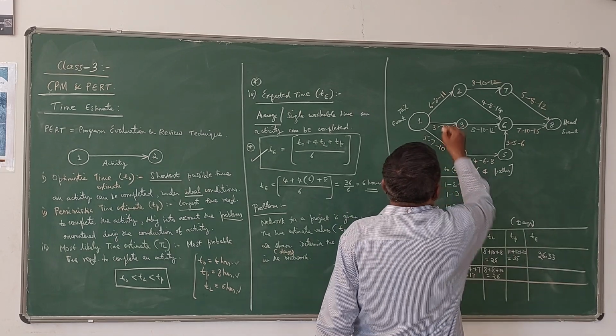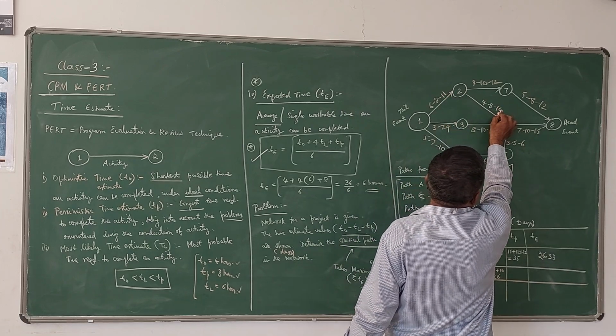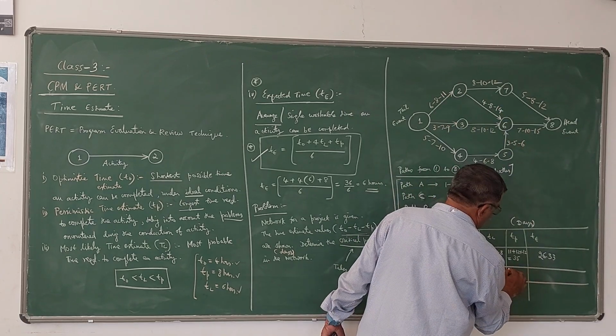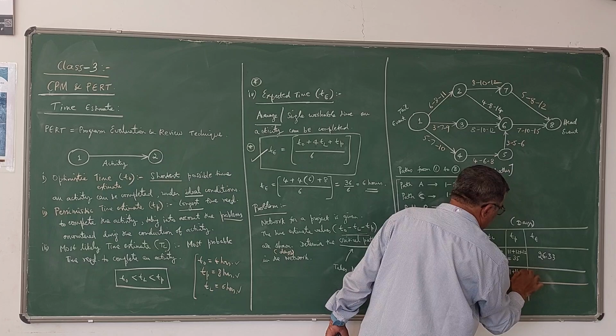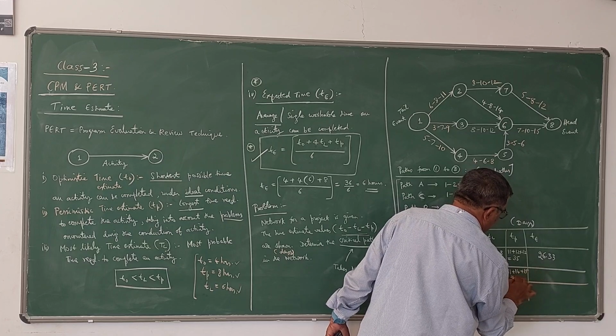Next, TP: 11 plus 14 plus 15, that is 40.